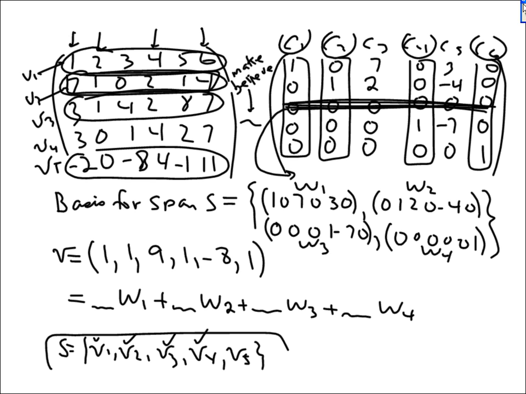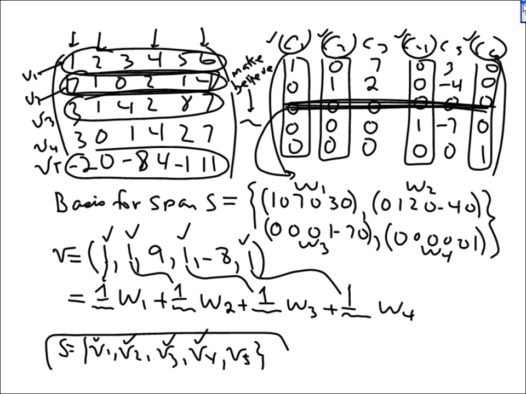Since columns 1, 2, 4, and 6 all had leading ones, these are the numbers: 1 goes there, 1 goes there. Coincidentally, they're all 1s, but they didn't need to be. So I found the linear combination of the basis vectors that gives me V.